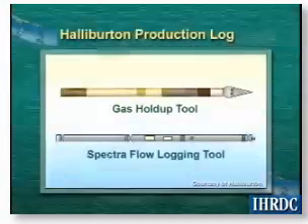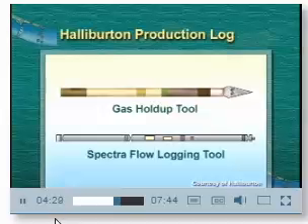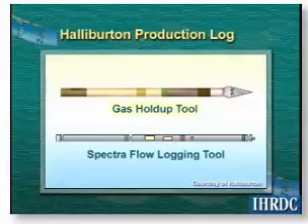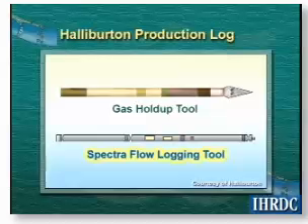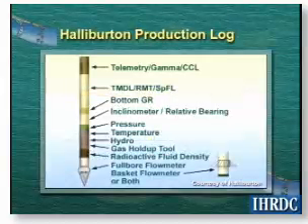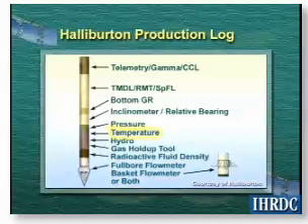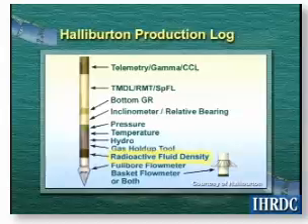Halliburton has developed 2 logging tools to address the challenge of measuring multi-phase flow in horizontal wells. The gas holdup tool and the Spectra Flow Log are designed to work in horizontal, deviated, and vertical wells. Each tool has a modular design that allows other sensors, such as the spinner, caliper, temperature, pressure, and fluid density sondes, to be run on the same logging pass.